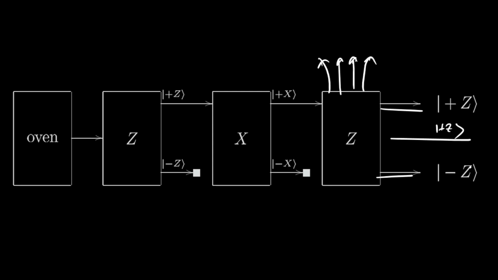Therefore, we conclude that the plus z state consists of equal portions of plus x and minus x states, and the plus x state consists of equal portions of plus z and minus z states. Similar conclusions can be reached if the apparatus is oriented in the y direction. Now, we can apply the qubit model to explain this experimentally observed behavior.